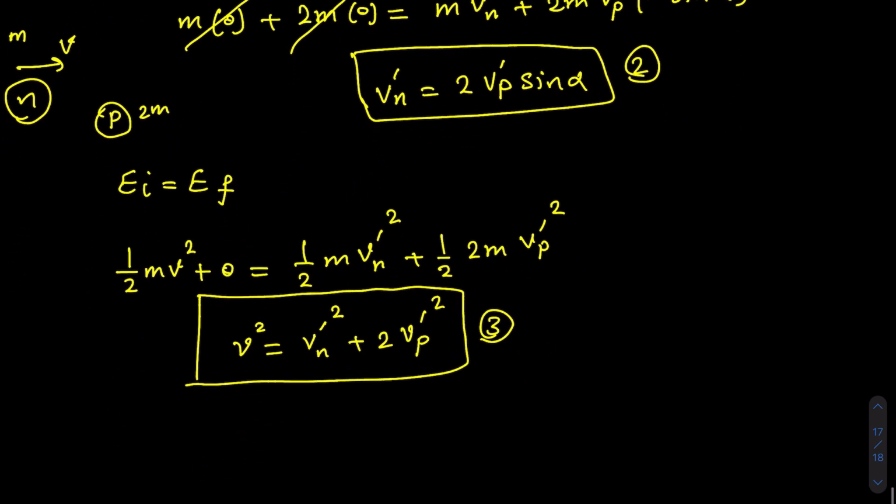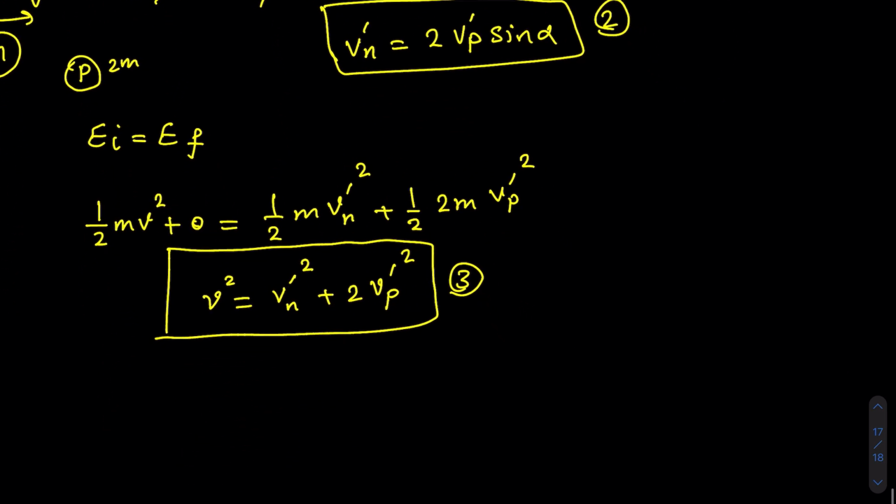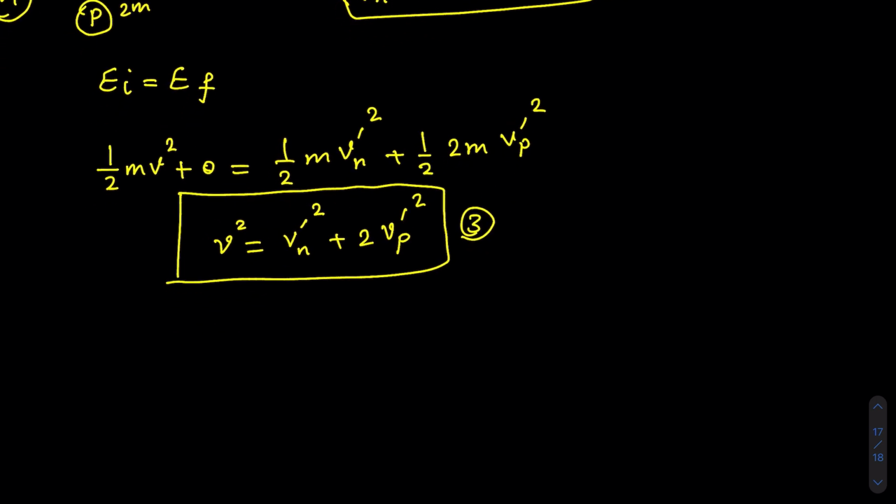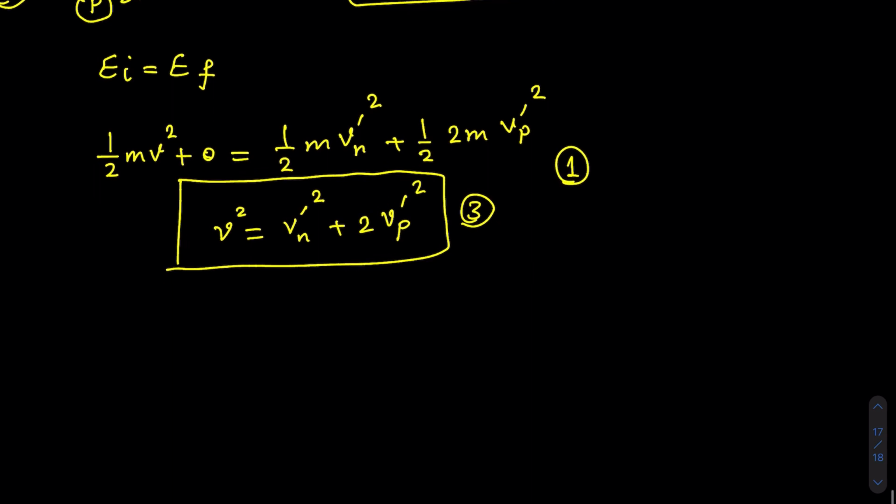Let me write these two others here, equation number 1 and 2, and let's see how we can simplify these three equations to get to the point where we can find alpha. Equation number 1: the velocity of the nucleus is equal to 2 times the velocity of the particle after collision times cosine alpha.